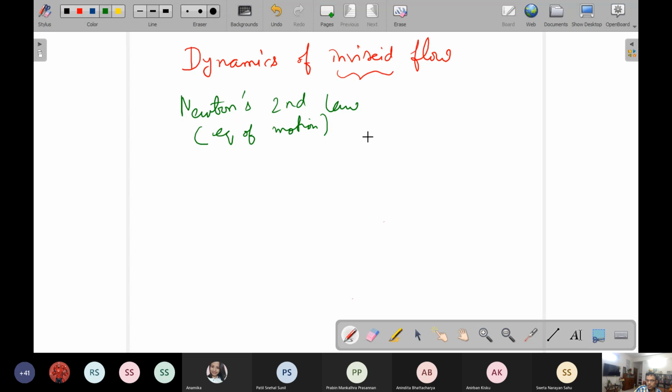So when we say Newton's second law or the equation of motion, what we essentially do is we consider either a single particle or a system of particles, which together is what is called a control mass system.